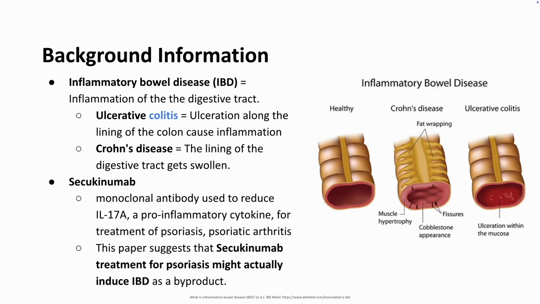Another case is called Crohn's disease. This is when the lining of the digestive tract gets swollen. You can see the muscular lining is very swollen. We call it muscle hypertrophy. Remember, hyper, excessive, and trophy. I forgot what trophy was. Hypertrophy is basically overgrowth of muscle.